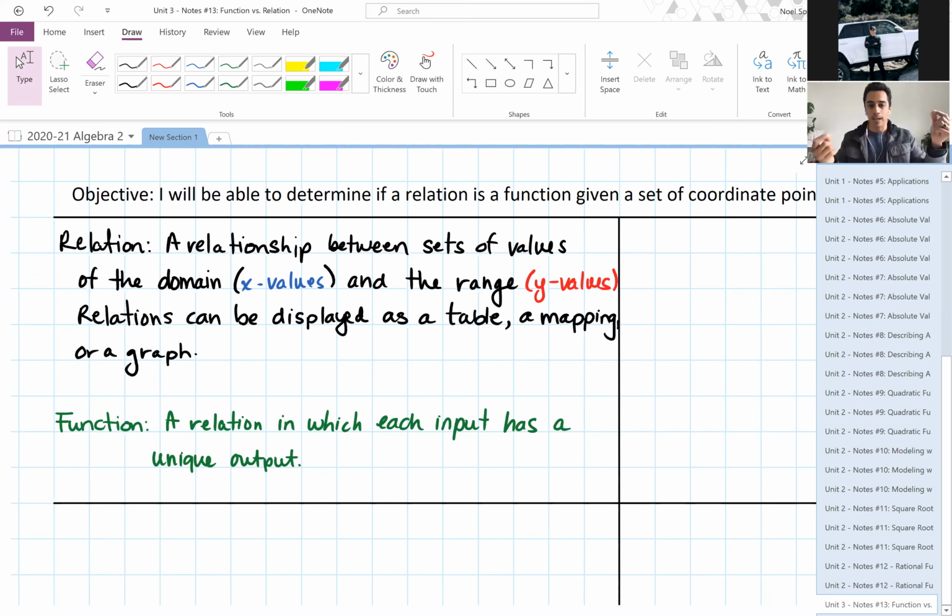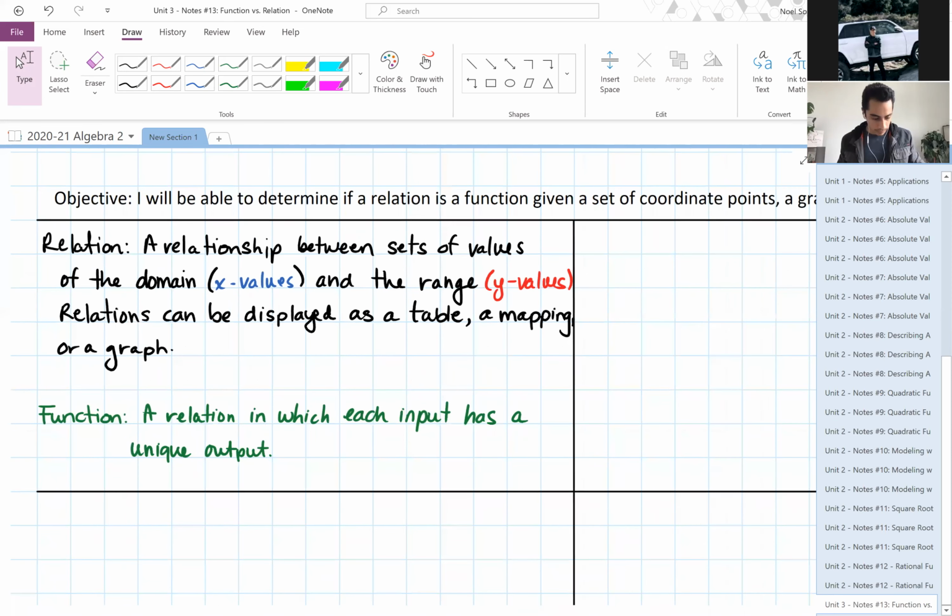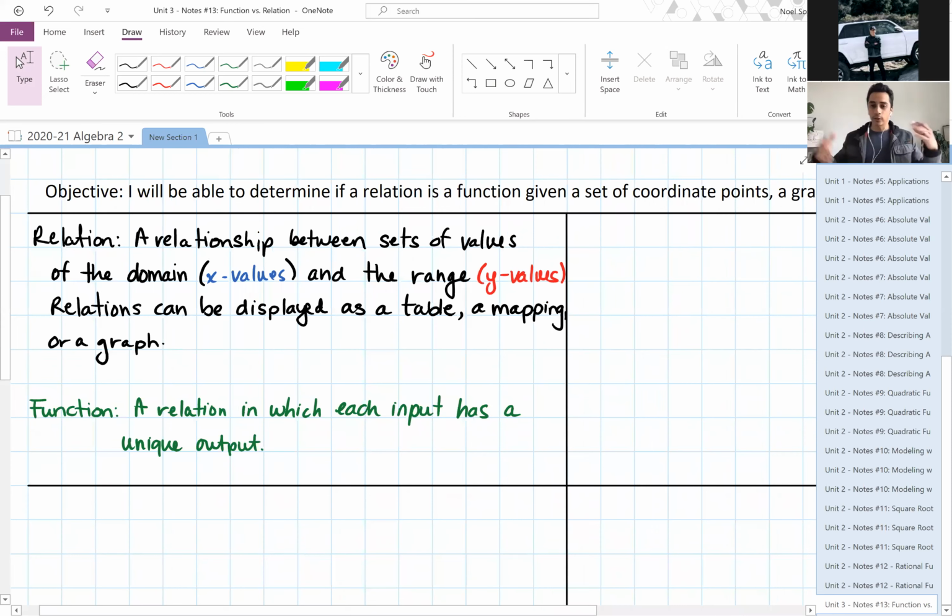I cannot have one input go to two different outputs. That would be a problem, because that would no longer be a function. So I know it's new, right? You're kind of getting used to what these things mean. We'll talk about them a little more as we go through the examples as well.